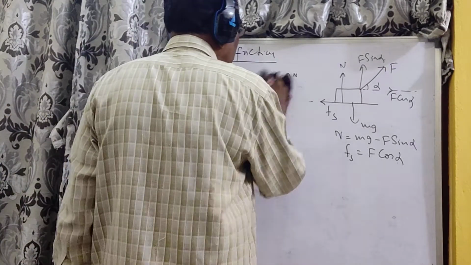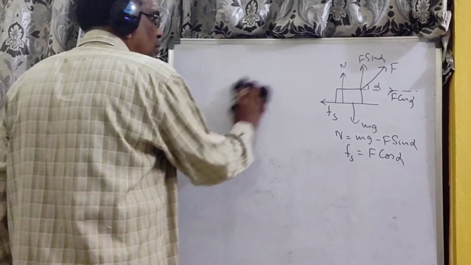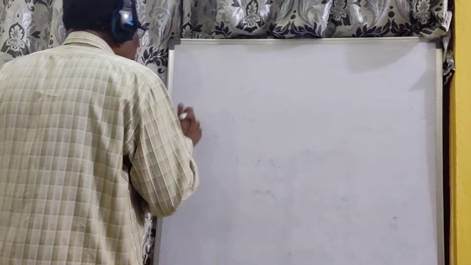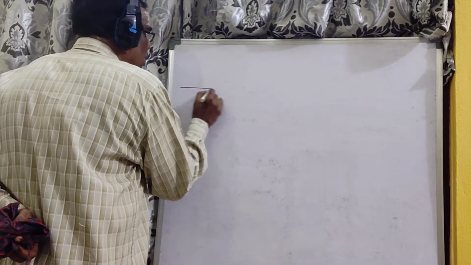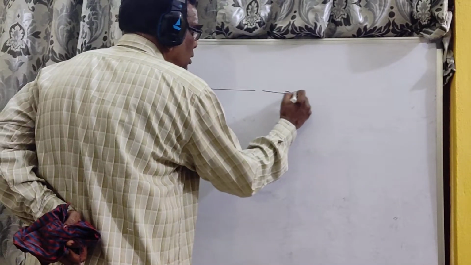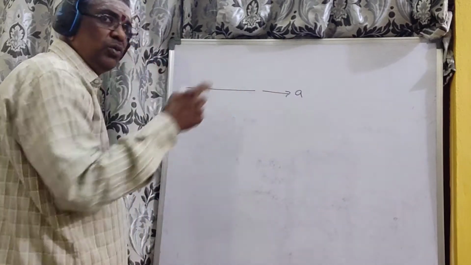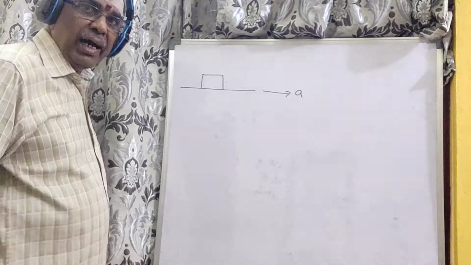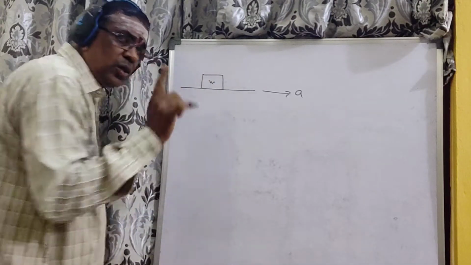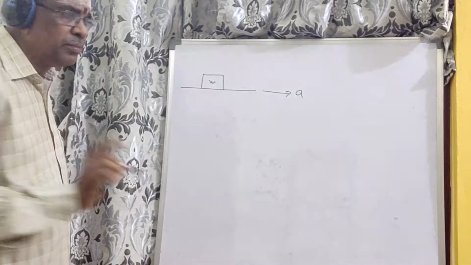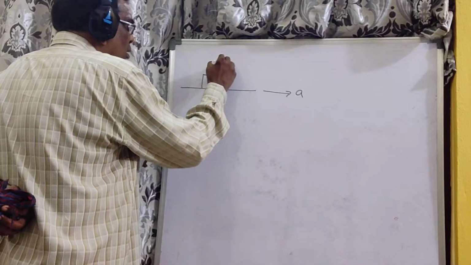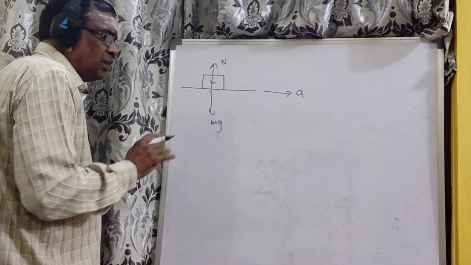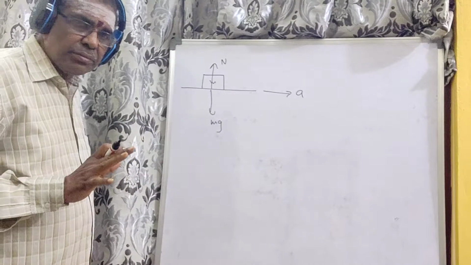Now, the same horizontal surface, but let me presume the surface itself is moving with an acceleration A. Follow my arguments very carefully from now on. N, mg, I am not applying any force.